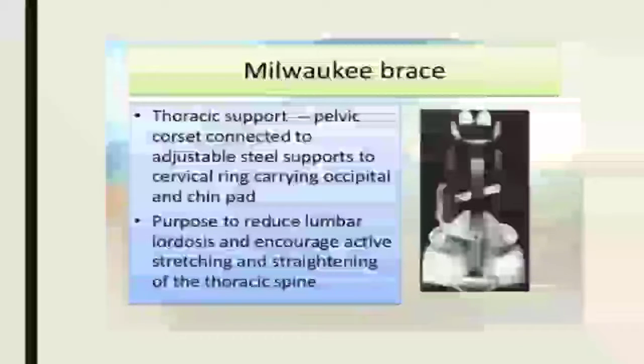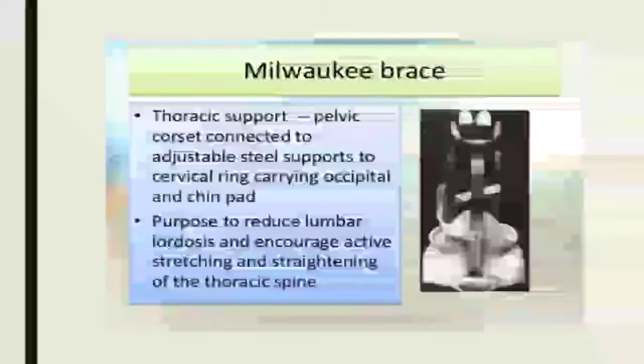Milwaukee brace: thoracic support, pelvic corset connected to adjustable steel supports to a cervical ring carrying occipital and chin pads. Purpose: to reduce lumbar lordosis and encourage active stretching and straightening of the thoracic spine.